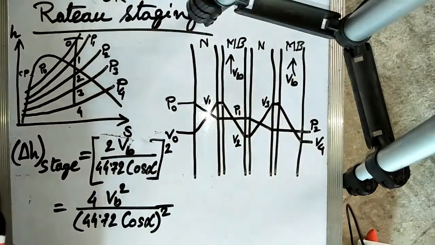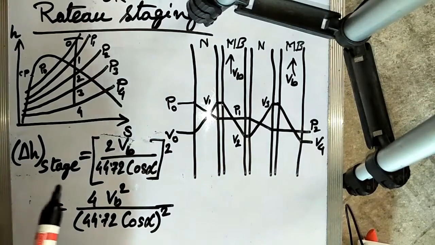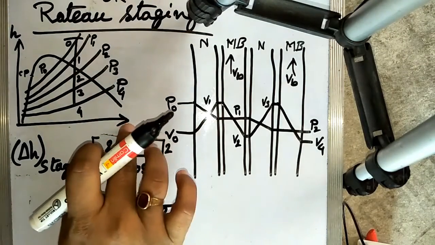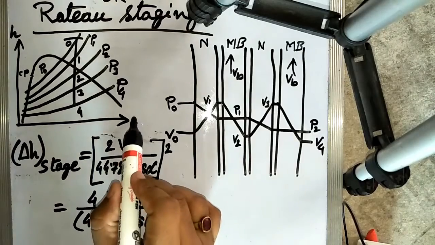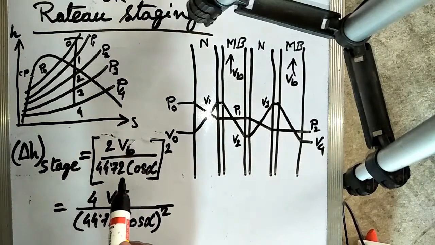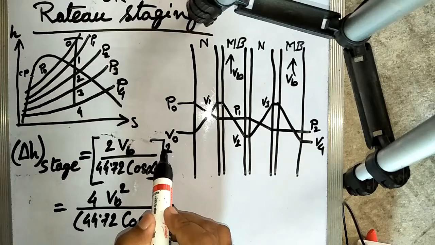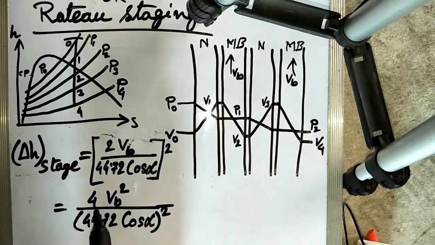So the stage enthalpy drop delta H stage we can write as (2 Vb by 44.72 cos alpha) whole square, or 4 into Vb square by (44.72 cos alpha) whole square.